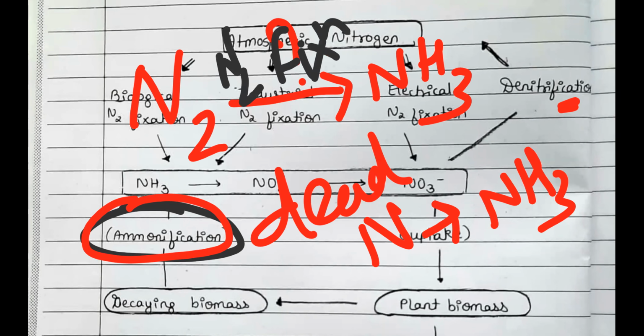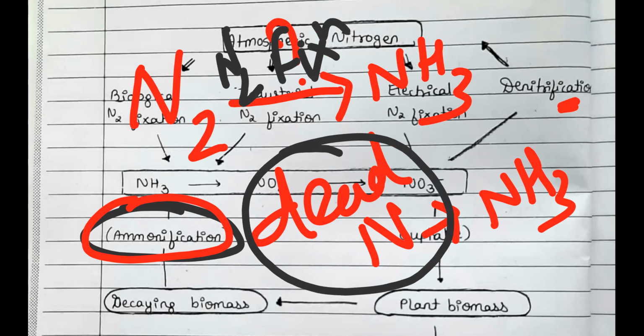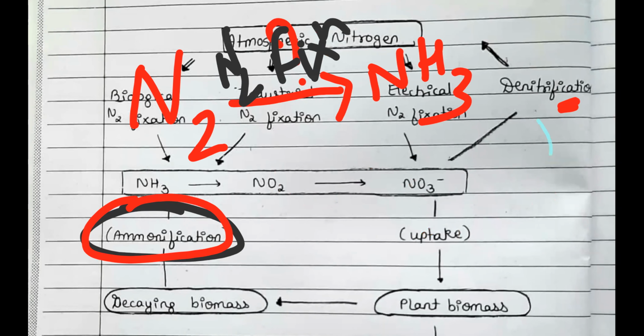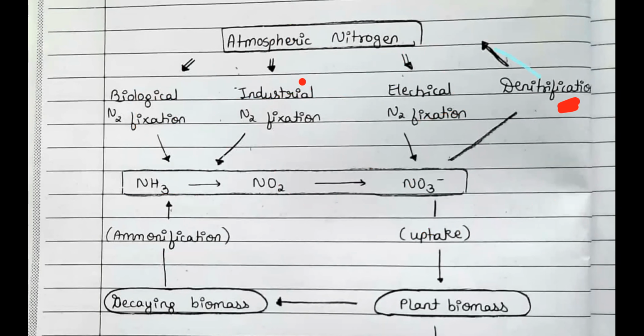And when the nitrogen is released from dead bodies in the form of ammonia, we call it ammonification. So this came from the atmosphere, so this is nitrogen fixation. Nitrogen released from the dead body in the form of ammonia, that we call ammonification. Right?